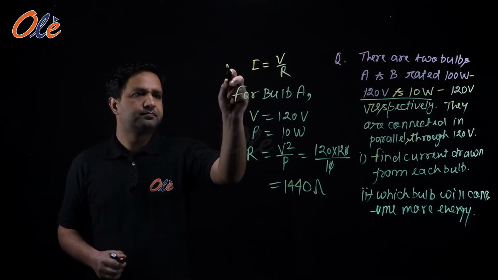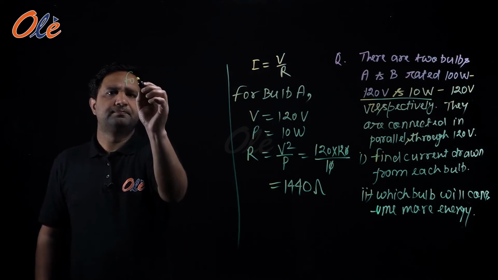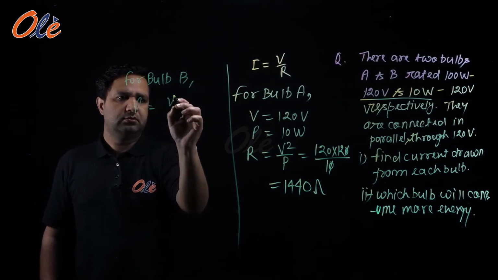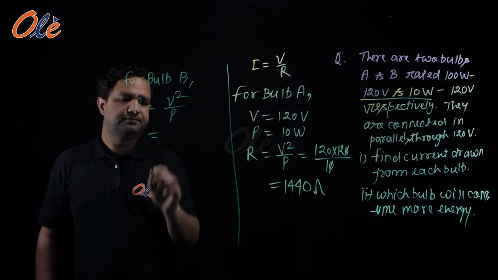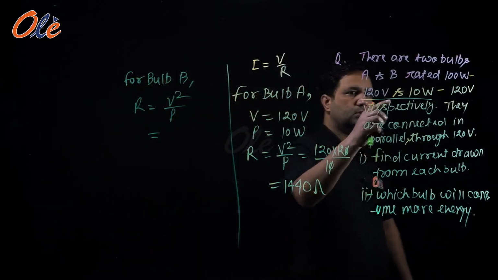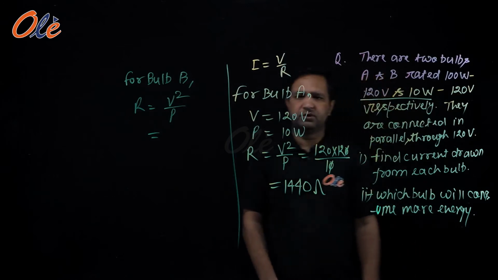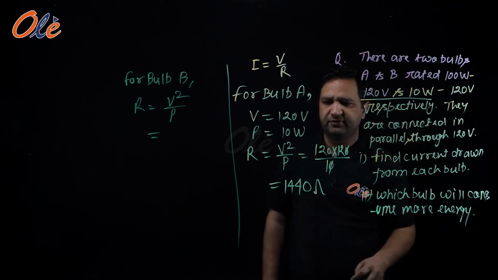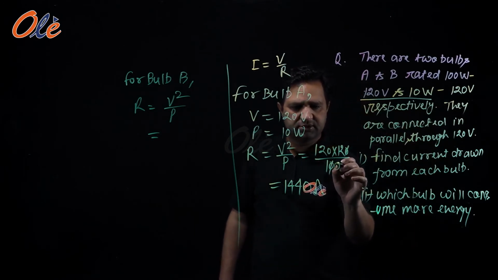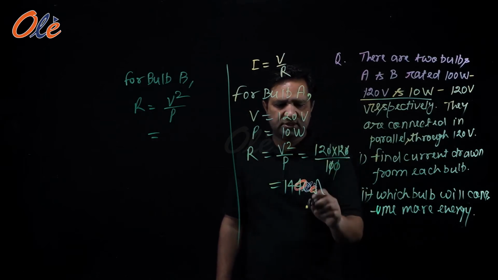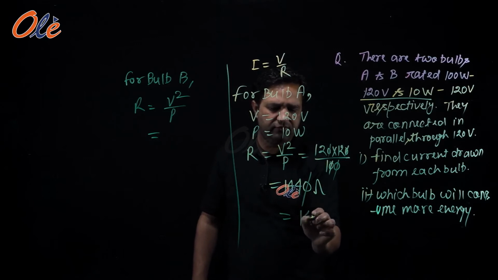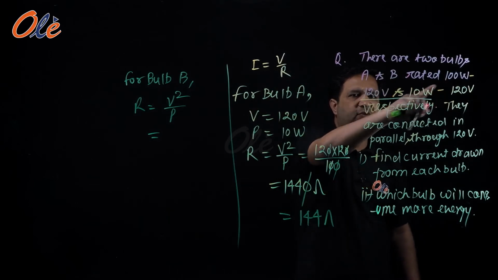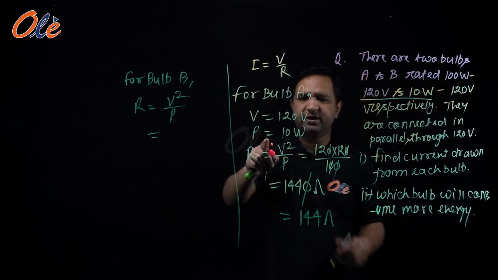Now for bulb B, R is equal to V square upon P. For A it was 100 watt and 120 volt, so P will be 100 watt.